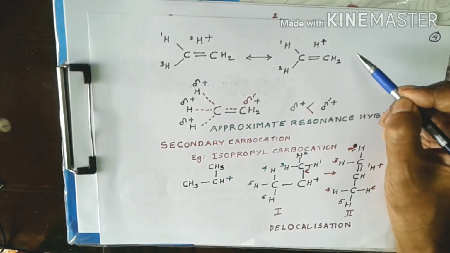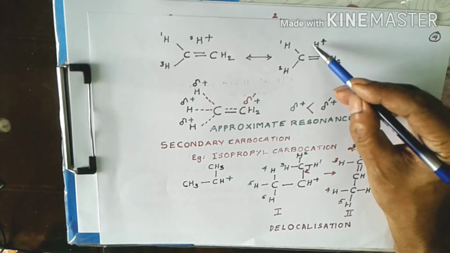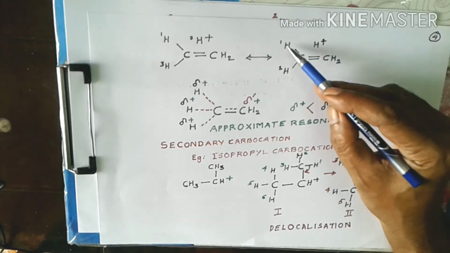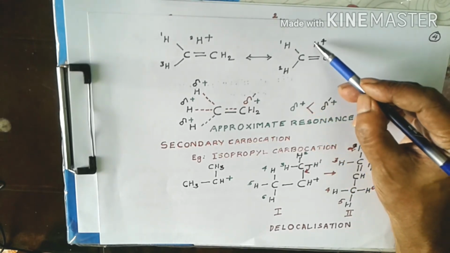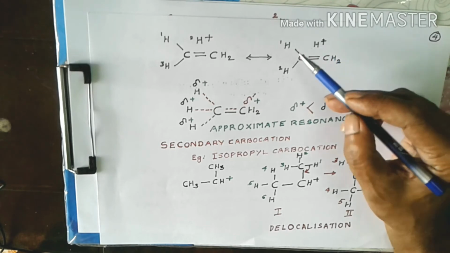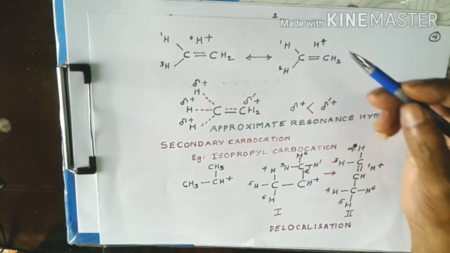Then in the second canonical structure we have H plus as the second hydrogen atom and 1 and 3 here, and in the third canonical structure we have H plus as the third hydrogen atom and 1 and 2 here.